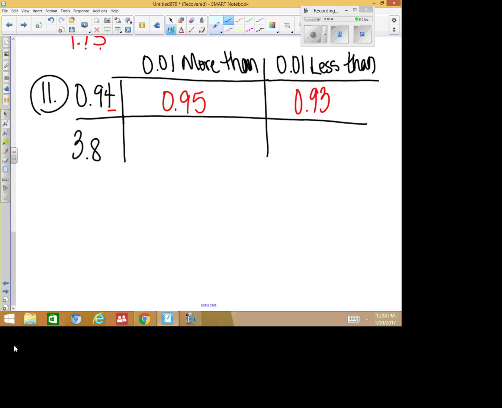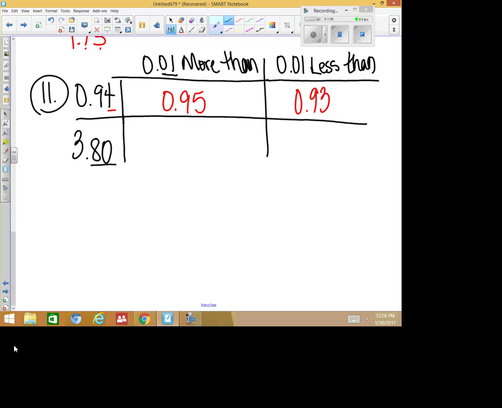Okay, so look at this one. A hundredth more than that. Remember when I said, how many decimal places does this one have? 2. How many should I put here? 2. So 8 what? If something is not there, what number is that? 0.